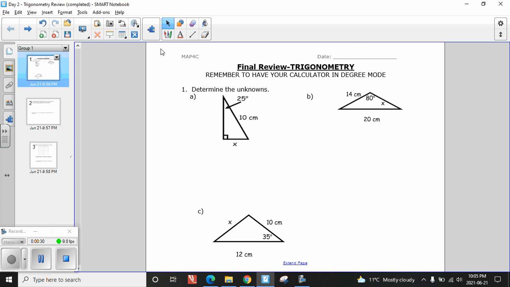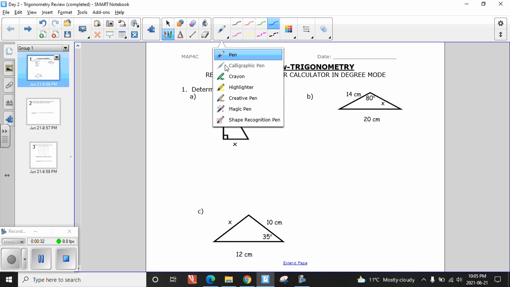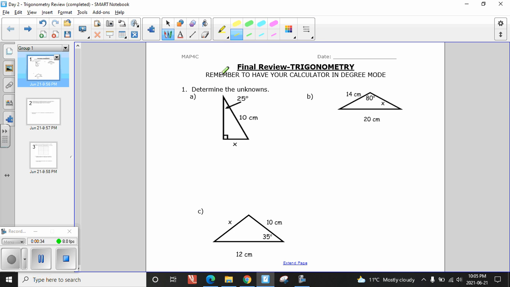A little reminder at the beginning of this review page says, please remember to have your calculator in degree mode. There are a couple of times throughout this course where people have said in the chat in our lessons that you typed it in properly, you've tried it a bunch of times, and you're getting the wrong answer. Usually that's because your calculator has changed itself to radian mode.